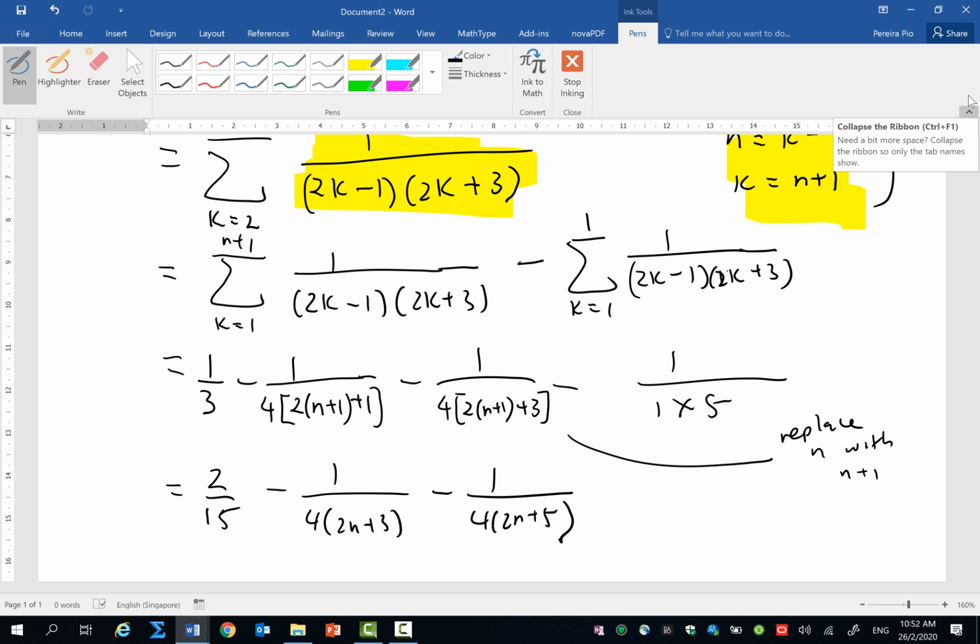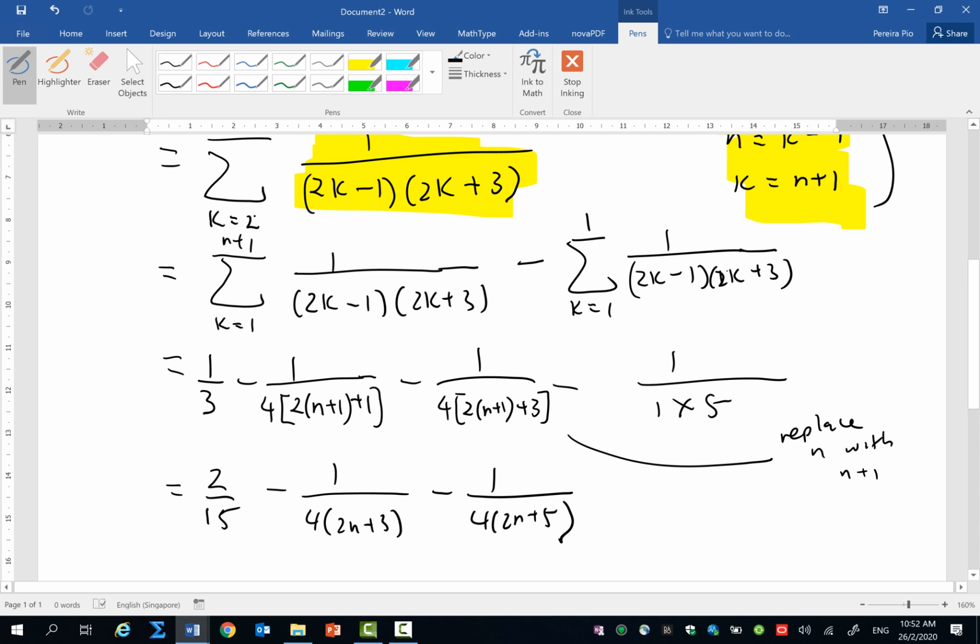Which property? Property E, is it for this? Good question.